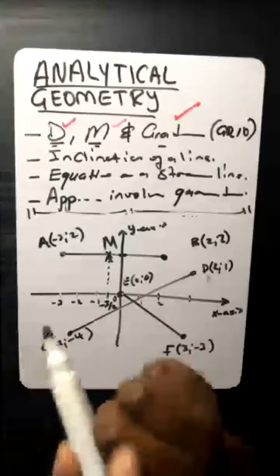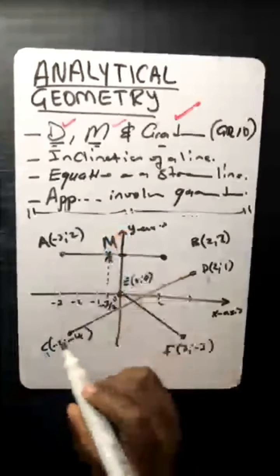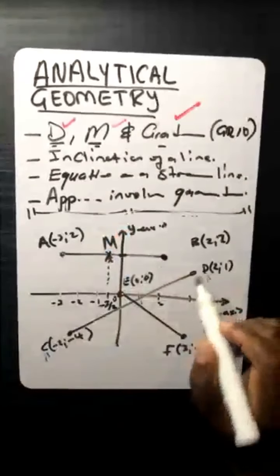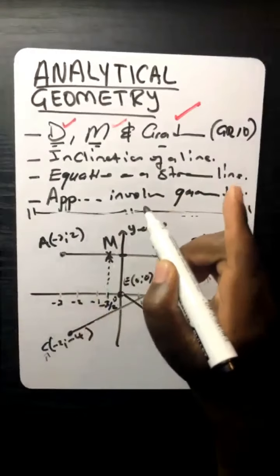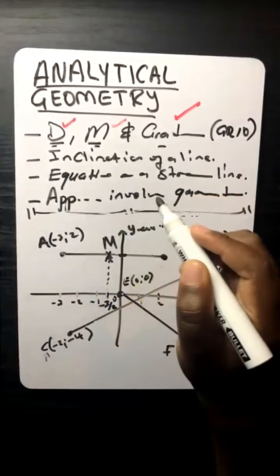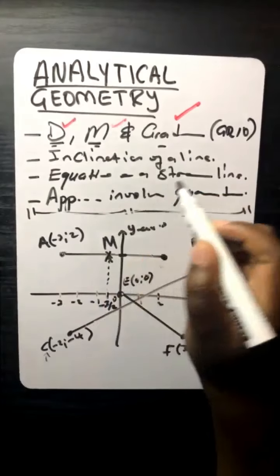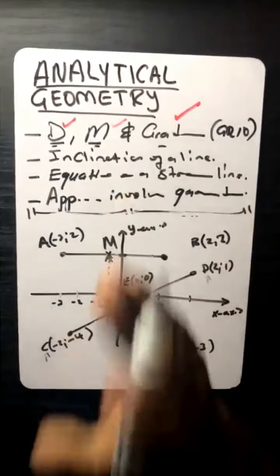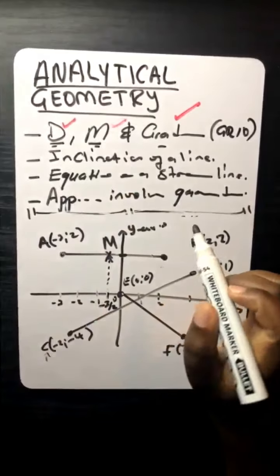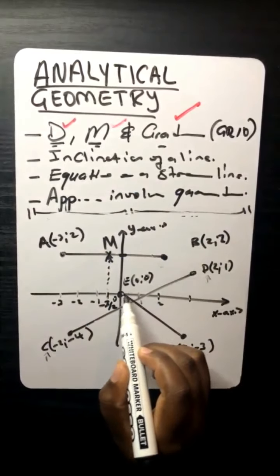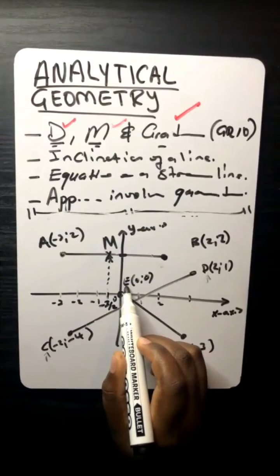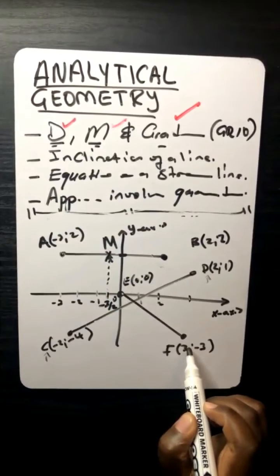So when you perform calculations for the gradient of CD, you should expect a positive final answer. It doesn't matter whether it's 7 over 1 over 3, 4 over whatever, but it just has to be a positive answer. Very, very important. Now can someone tell me, what will the gradient of EF be?